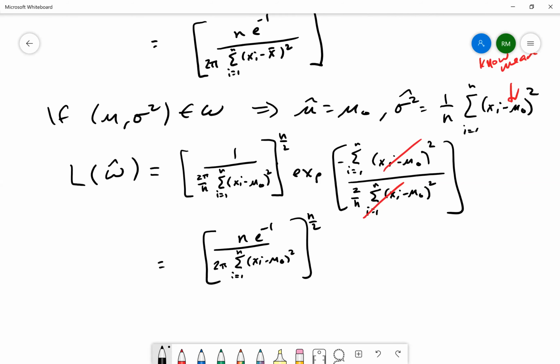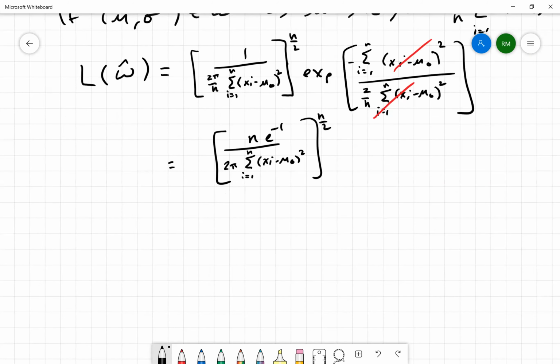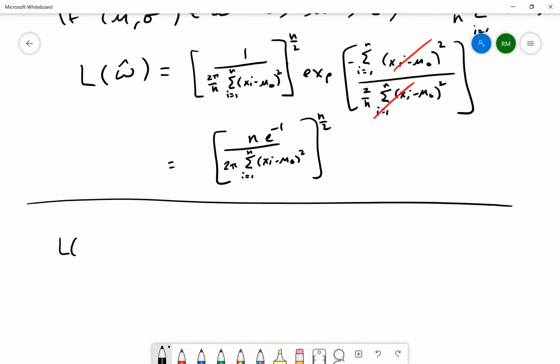Okay, so we did a lot of work. And so why did we care about this? Well, we needed to establish what the likelihood ratio was. We have these two lovely expressions.